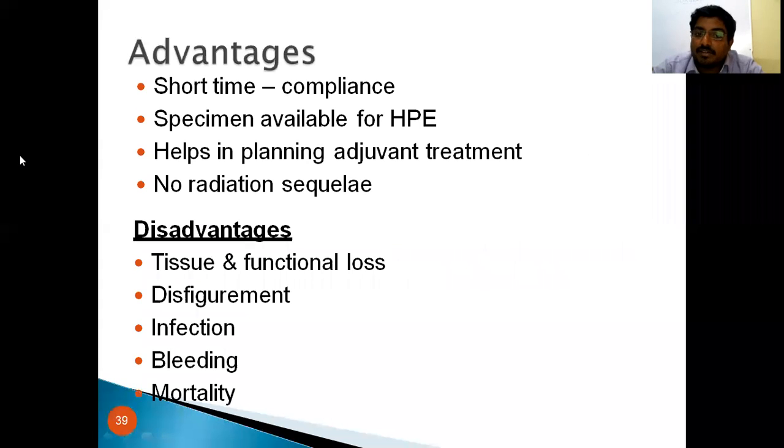Disadvantages: tissue and functional loss, increased morbidity and mortality, bleeding, infection and disfigurement.